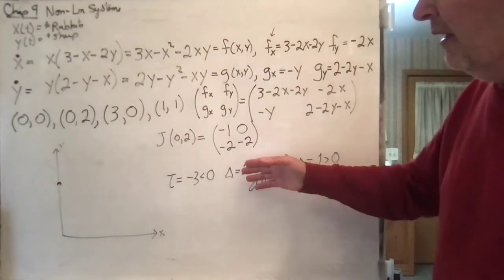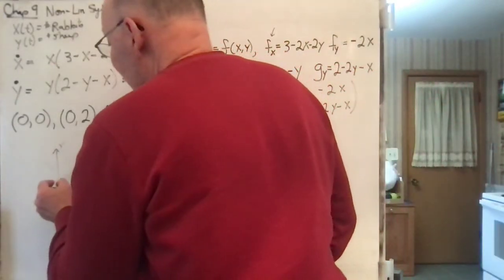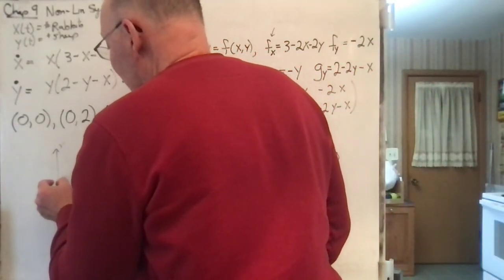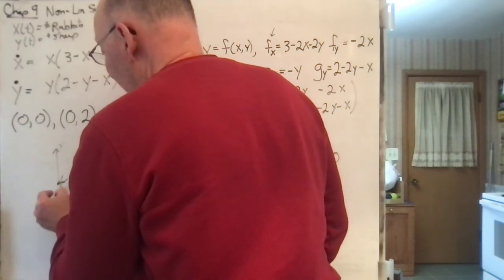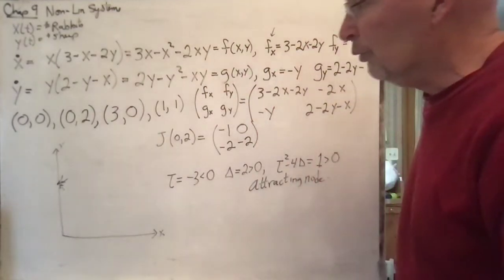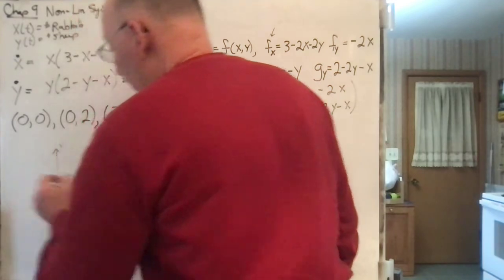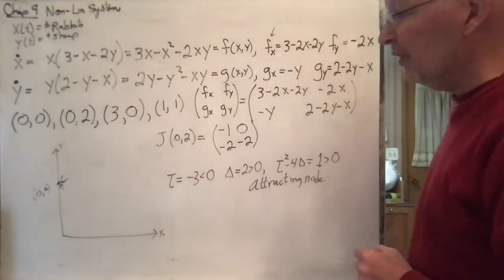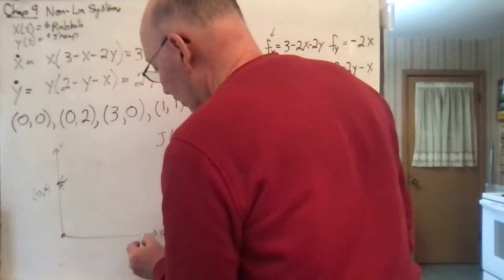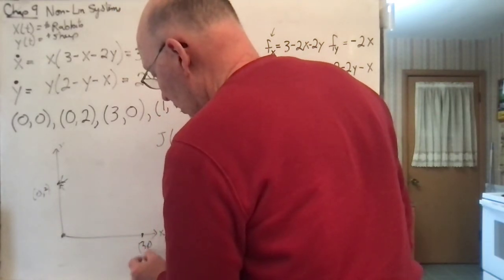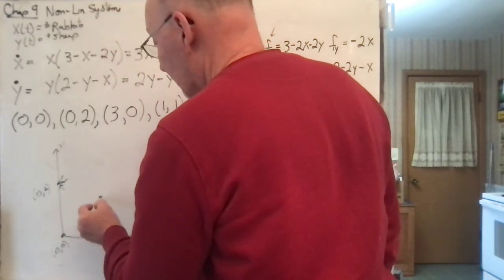And you can find the eigenvalues and eigenvectors, and just like you did in the previous chapter, get a sense of which way these trajectories are coming in towards the point 0,2. Okay? And so you'll do that for each of these 4 fixed points. Here's 0,0. Here's 3,0. And then here is 1,1.